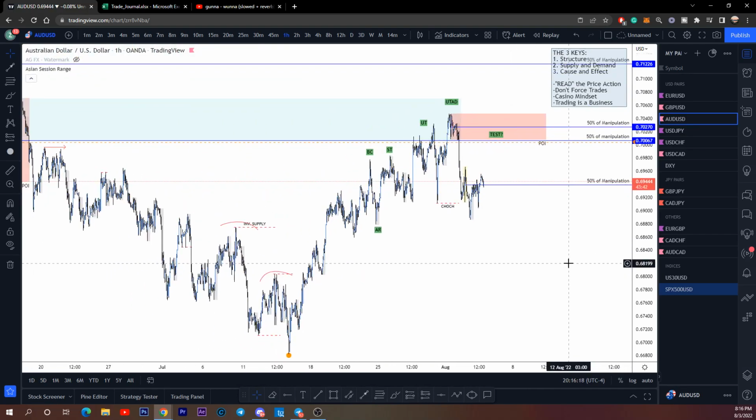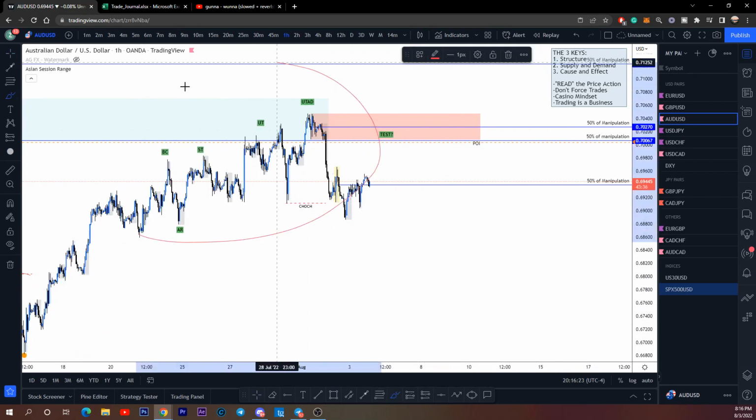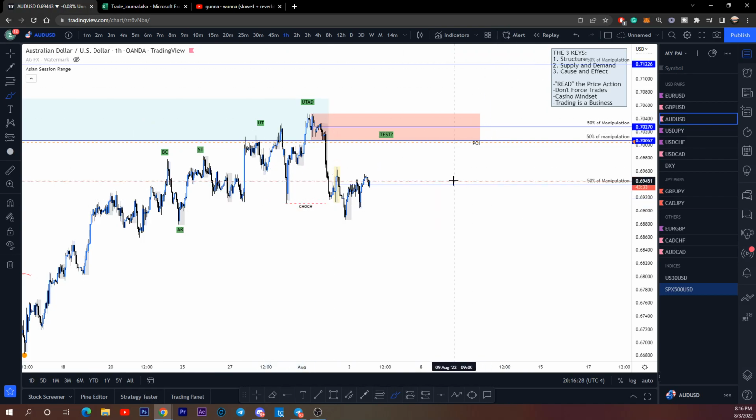Cause and effect is proving that the market actually wants to sell from here. And how do we do that? Well, it's happening right in front of our face. Change of character, okay? So once the market is inside of your supply and demand zone, you want to go into your cause and effect phase, which is proving that we actually want to sell from here, okay?